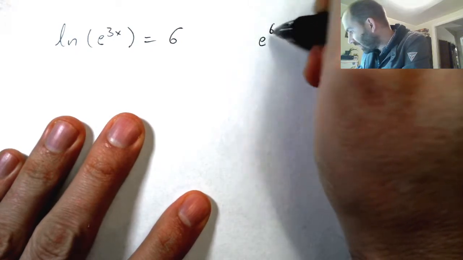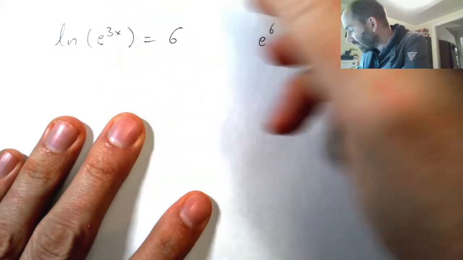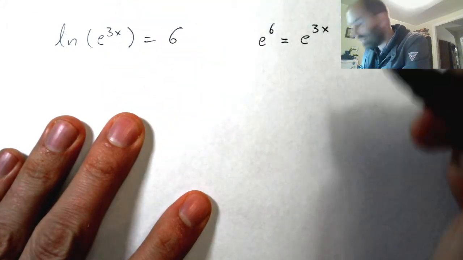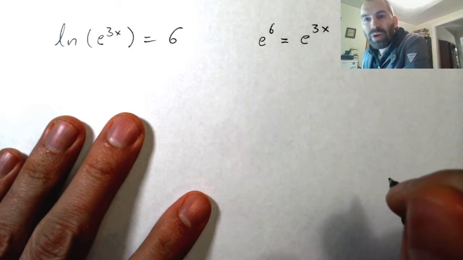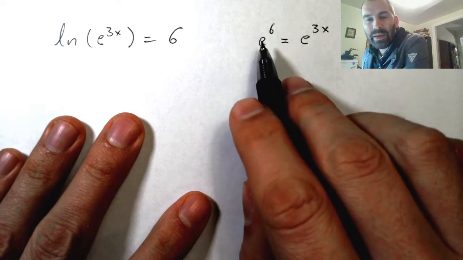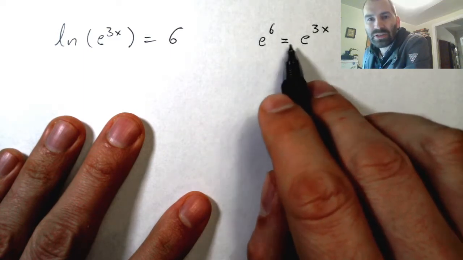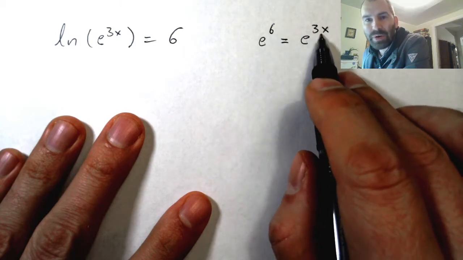So 6 is the exponent on the base that equals this, e to the 3x. How do we solve this one? Well, we use the one-to-one property of exponential functions, right? If you have two exponential functions with the same base, and they're equal, that means their exponents must be equal.